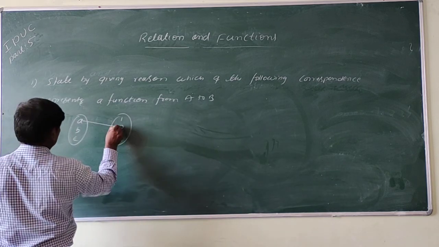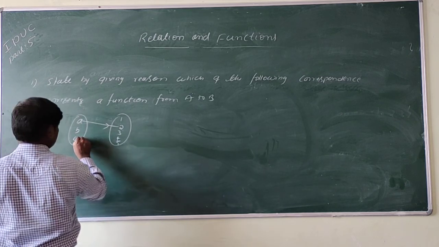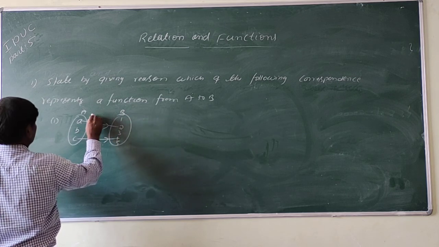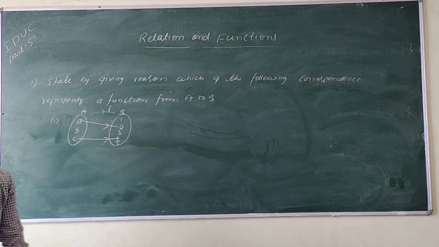So 1 is related to 2 and C is related with 4. So here this is F, from A to B, and this is okay.